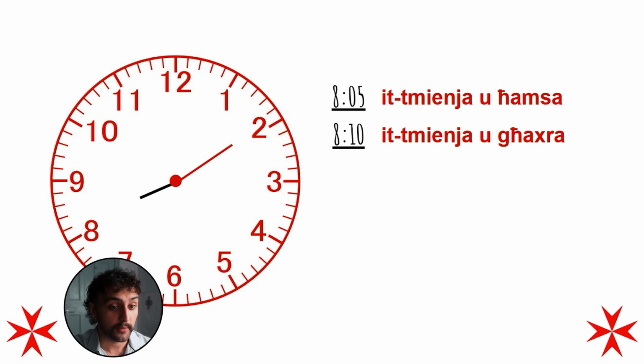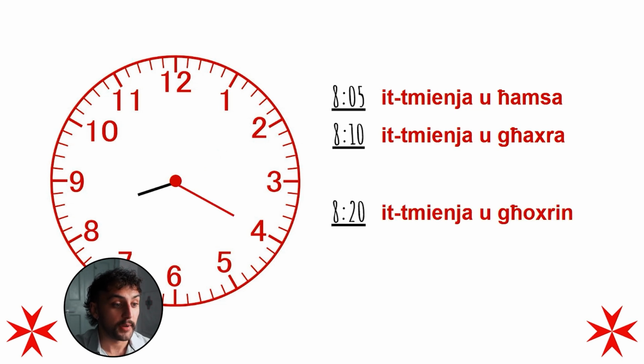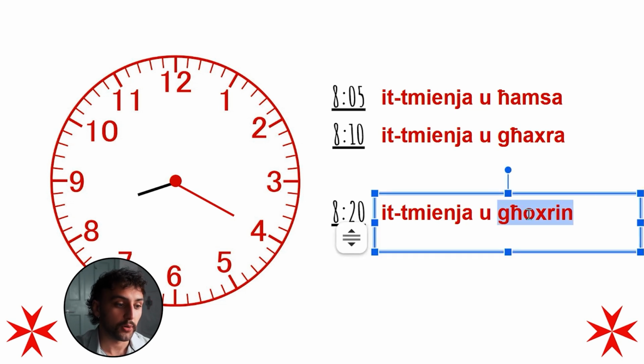Itmienia u seba, because seba is the word for the number 7 in Maltese. Likewise, to say the time 8:20, you would say itmienia u oshrin, with the number 20 being oshrin, of course.